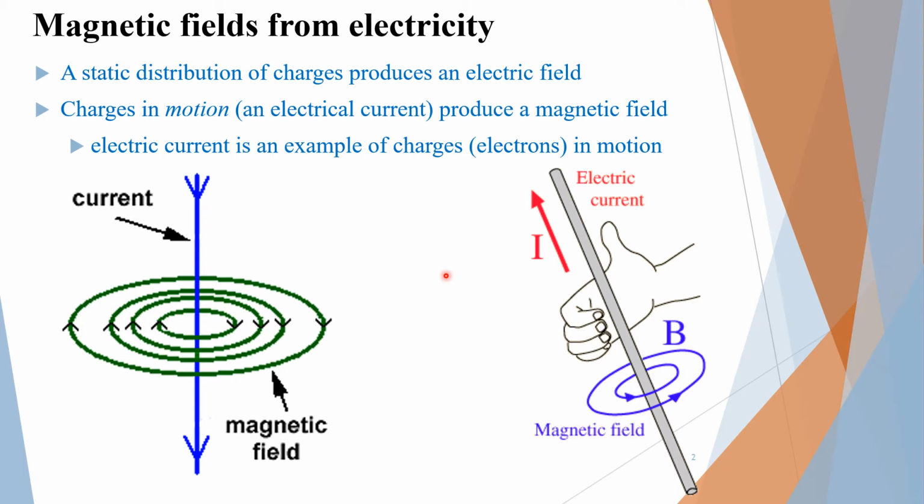For finding the direction of the magnetic field, we can use the right hand, and according to the right hand rule, our thumb indicates the direction of electric current flowing through this wire, and the fingers show the direction of the magnetic field. When we curl the fingers around this current carrying wire, the direction of field is represented by the fingers.